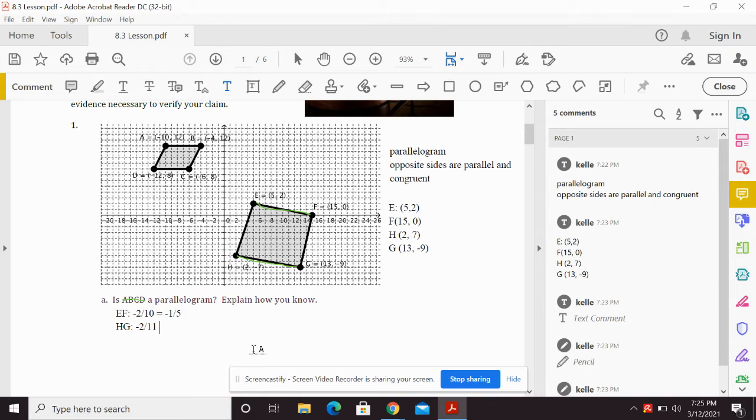So are these slopes the same? Is negative 2 over 10 the same as negative 2 over 11? No. EF and HG are not parallel. Therefore, EFGH is not a parallelogram.